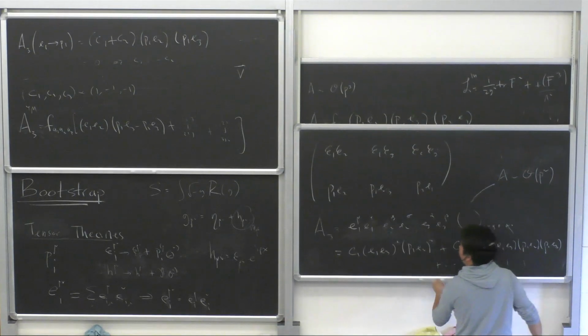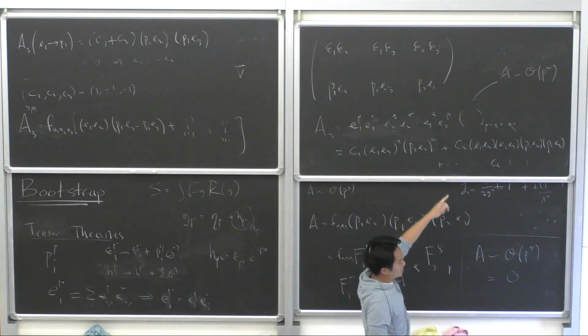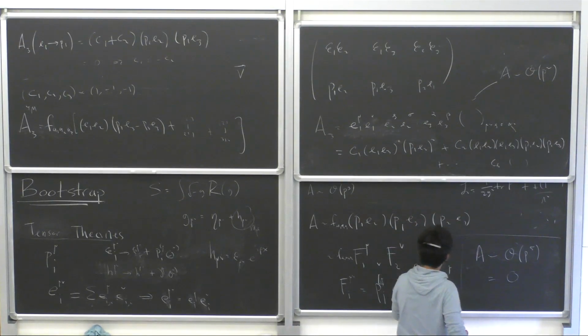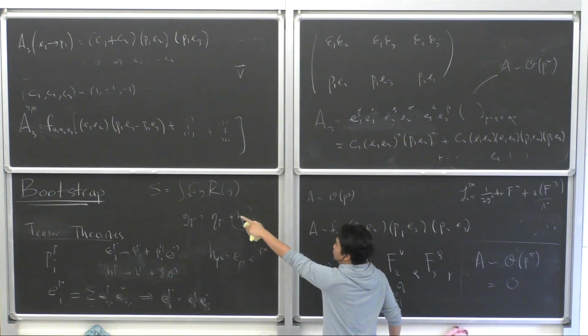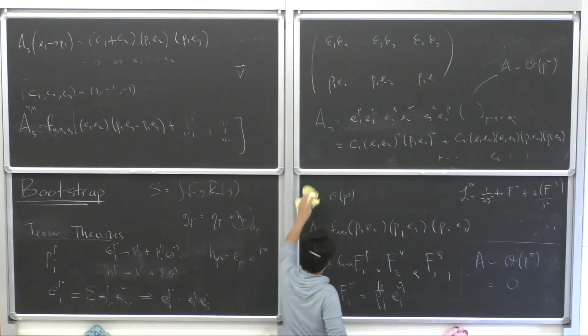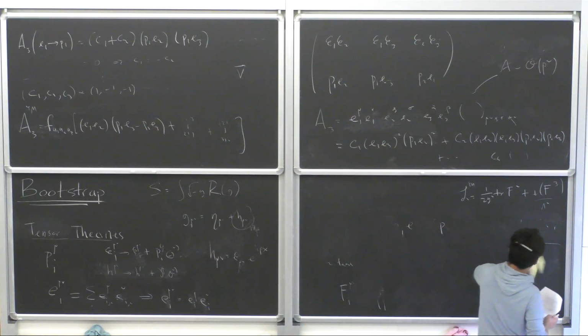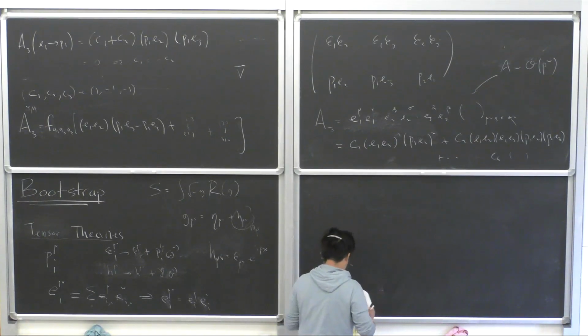Again, you can look in my TASI lecture notes, I think in the appendix of the online version, where I talk exactly about this. The point is that we can apply the exact same constraint. We plug this in, solve for the C's, and we get an answer that is, as you can imagine, something kind of nice.